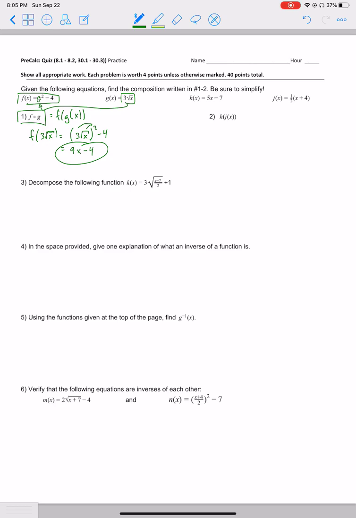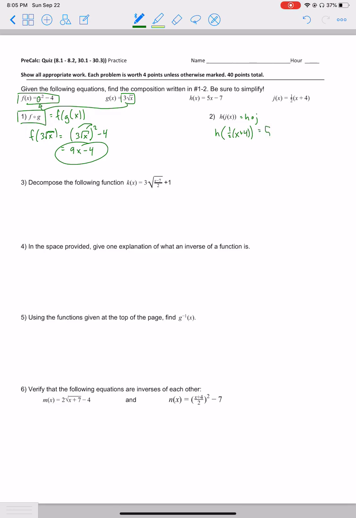If we look at number 2, we have h(j(x)). So we would say h of j of x, or we can say h composed j. Again, we are plugging something into h, and what we're plugging in is this whole piece right here.